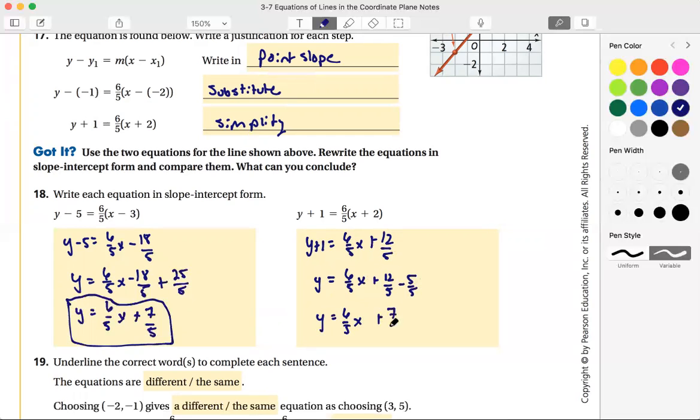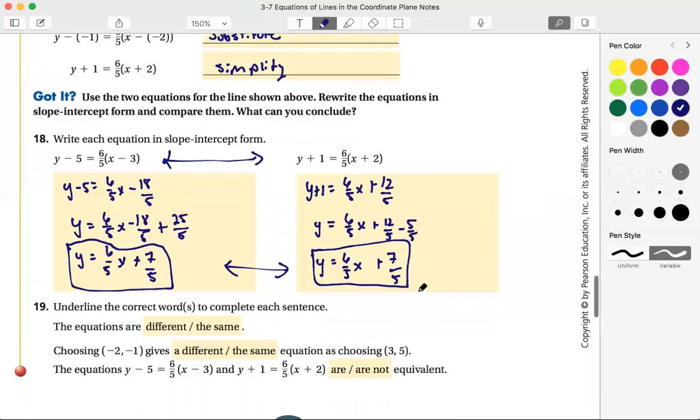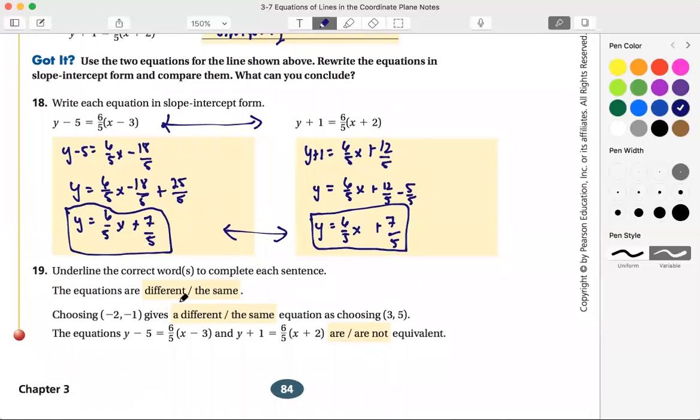Now look at this. These are the two from the previous problem up above. And notice that you get the exact same equation. Okay, so the equations were the same. So choosing the point (-2, -1) gives the same equation as choosing the point (3, 5). Thus, the equations, this and this, are equivalent.